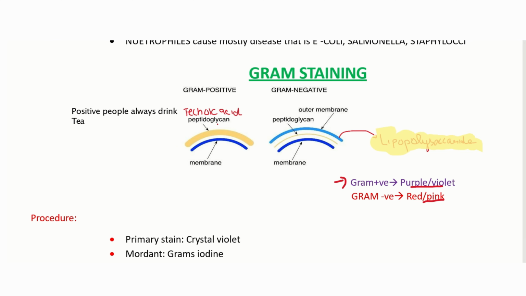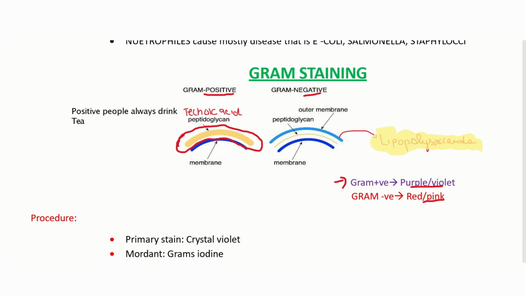But apart from that, we can make out by the peptidoglycan layer. In gram positive, the peptidoglycan layer is very thick. You can see that in gram positive, the peptidoglycan layer is very thick. But in gram negative, you can see this is the peptidoglycan layer in gram negative. So it is very thin, right?